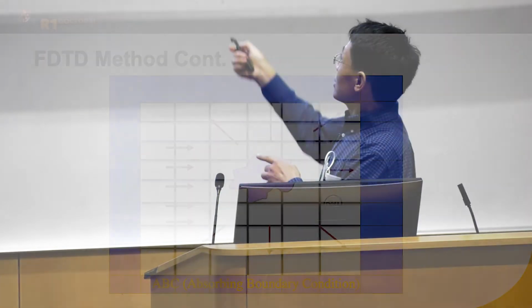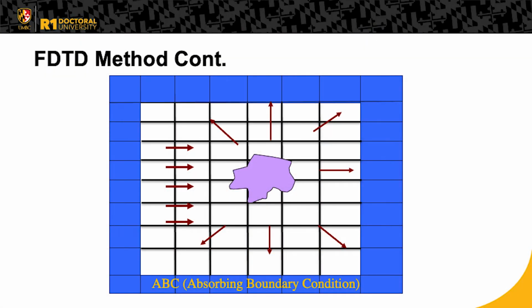To put it into 2D, you have this object, you have this discretized space, and you make the light come in, and for each grid cell, you can calculate how light propagates in this discretized numerical world. And most importantly, you want to put a layer of boundary to absorb the outgoing waves.